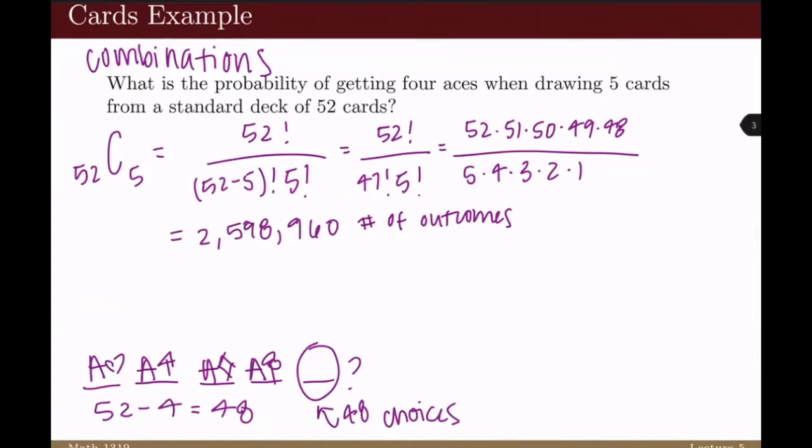For example, if I pick the 3 of diamonds, this is a hand that I want. And it really doesn't matter which card you pick. You could also have picked the 10 of spades, and this is still a hand that I want. So that means we have 48 total choices for our events.